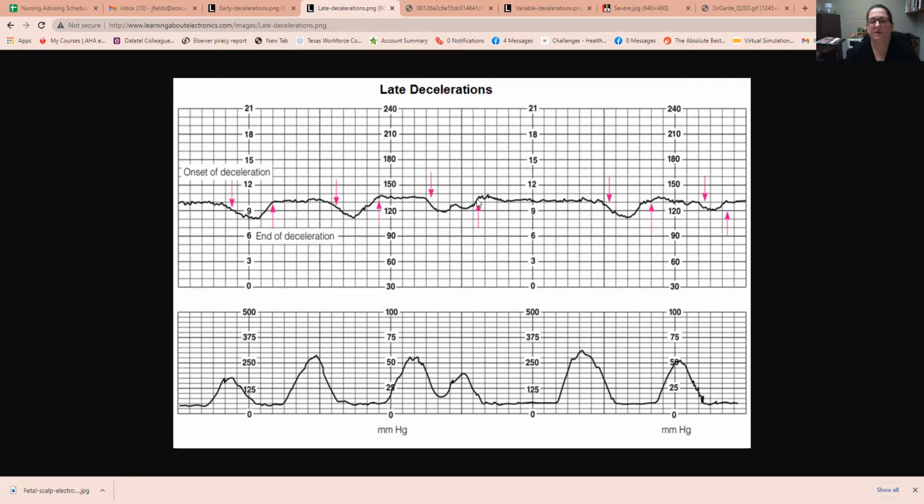I don't see a lot of it, but that's an overshoot when they're trying to recover, and that happens sometimes. Shouldering can indicate that the fetus is getting tired. So this is what late decels look like. That was late decels with minimal variability. I'm going to show you late decels with no variability, so you can get an idea of what we're looking at there. We've got to be able to see those.